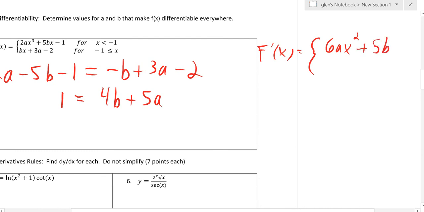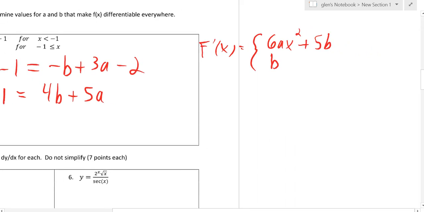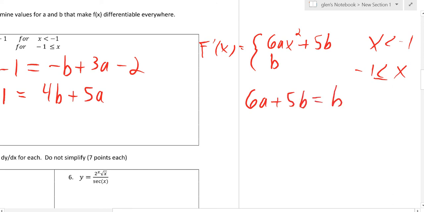And the derivative of the bottom is just b, because we're deriving x, and a and b are numbers. Technically, there's an x less than -1 here, but it doesn't really matter for our purposes. We need them to be equal when x is -1. So you plug in -1 and you get 6a plus 5b has to equal b.